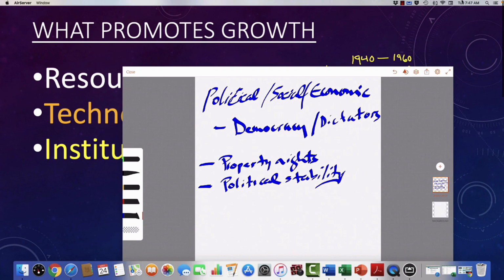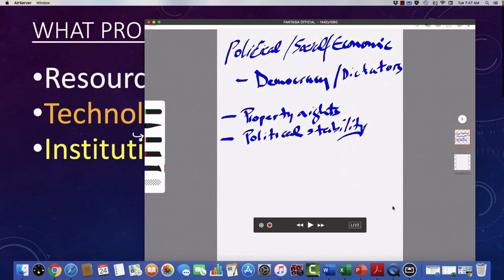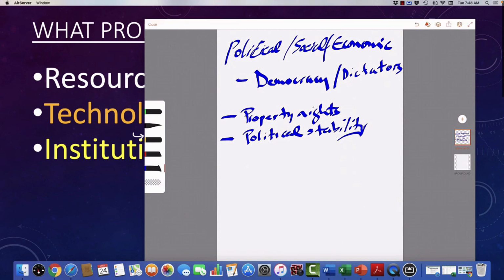You say, "Well, I'm not happy about this, but we'll do better next time. We'll try again next time." Political stability is really important, in part because of the impact it's going to have on the last thing that I want to talk about on our list of what promotes economic growth. So we'll get back to this idea of political stability here in just a minute.